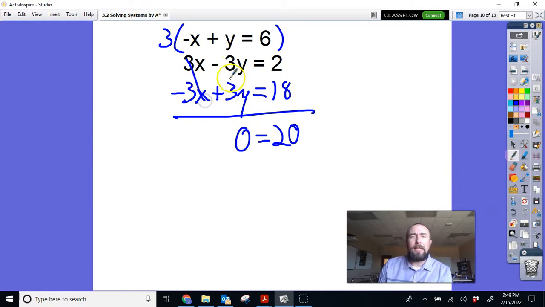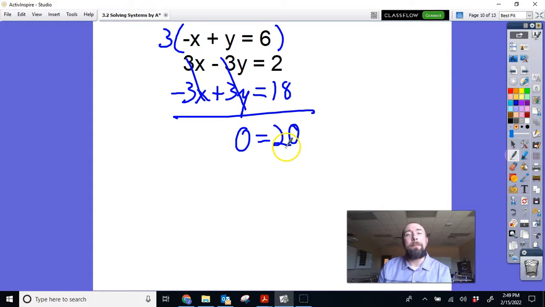So this is going to cancel. This is going to cancel. But that's going to give me nothing. Mr. Harrison, there's nothing over there. You're right. 3 times 6 is 18, excuse me. And then I add that to 2 and I get 20. But 0 is not equal to 20, Mr. Harrison. That's stupid. You're right.